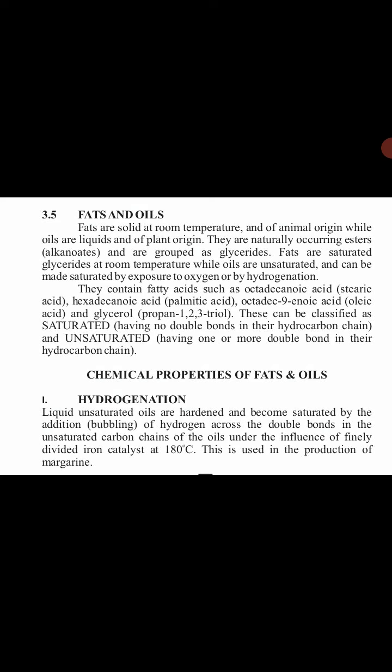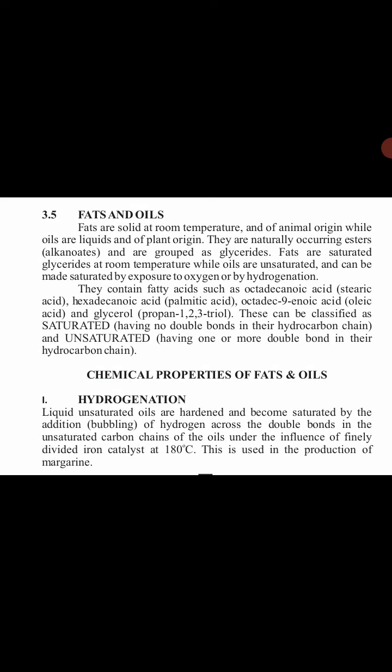Number one, hydrogenation. We just talked about that. Hydrogenation simply means addition of hydrogen to an unsaturated compound to make it saturated. When hydrogen is added to the compound, the double bond in the compound breaks into a single bond. So liquid unsaturated oils are hardened.